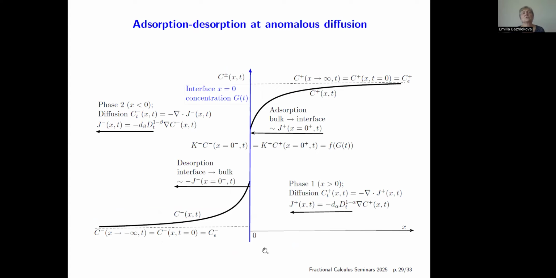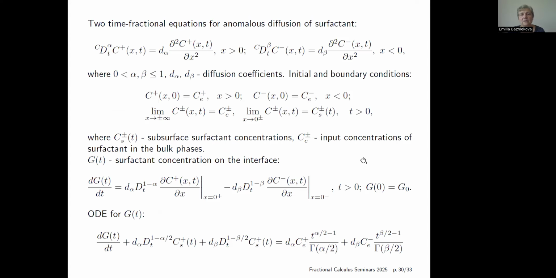And a generalization. Here we have two phases and an interface with similar equations in both phases. This is an adsorption-desorption process where we suppose to have anomalous diffusion in both phases. So here we have all equations, given also here, time fractional equations for anomalous diffusion, and initial and boundary conditions in both phases.